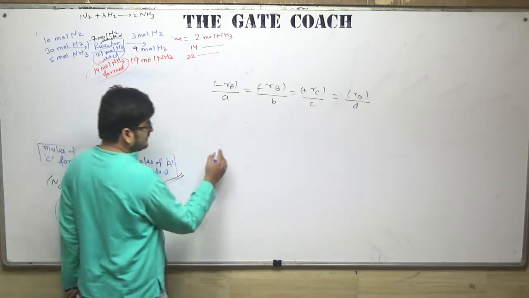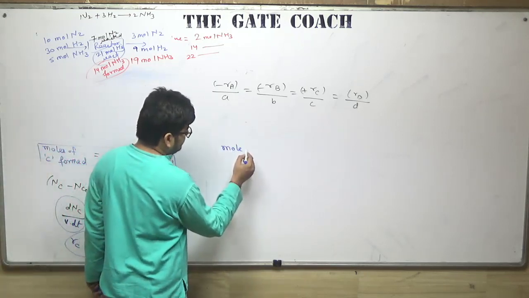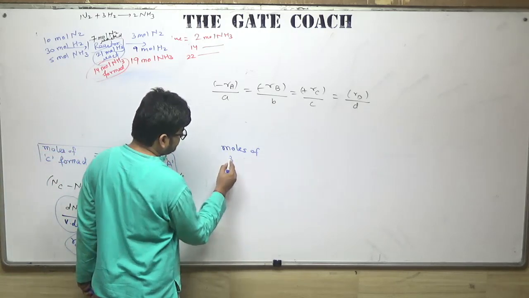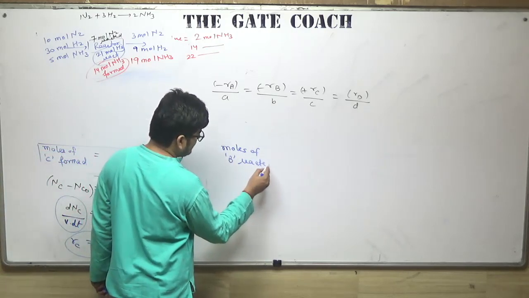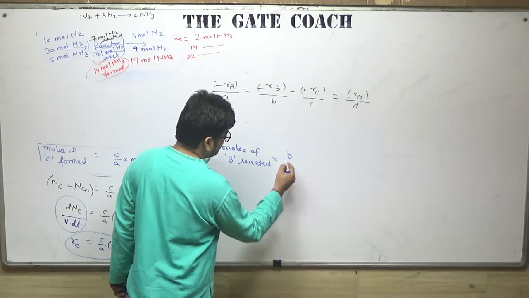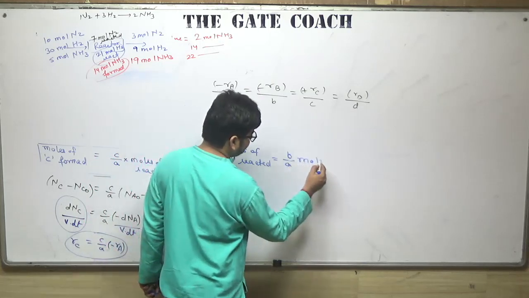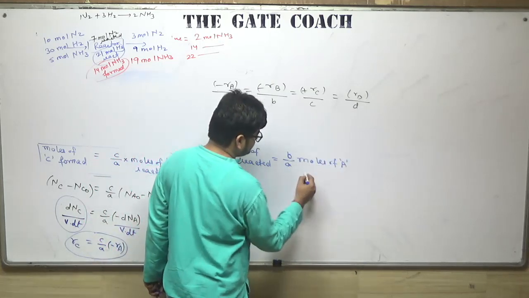Similarly, we find out that moles of B reacted is equal to B by A times moles of A reacted.